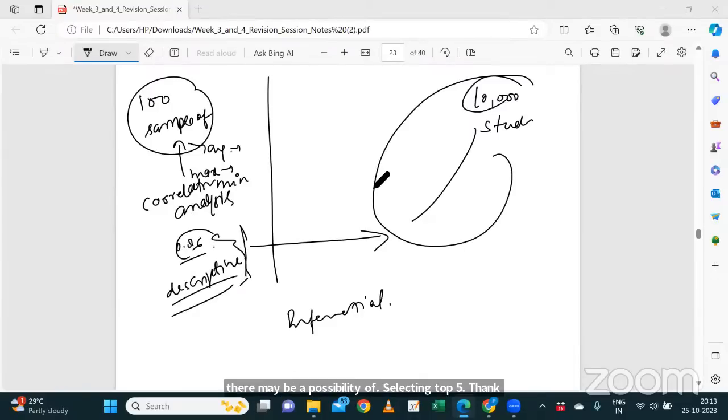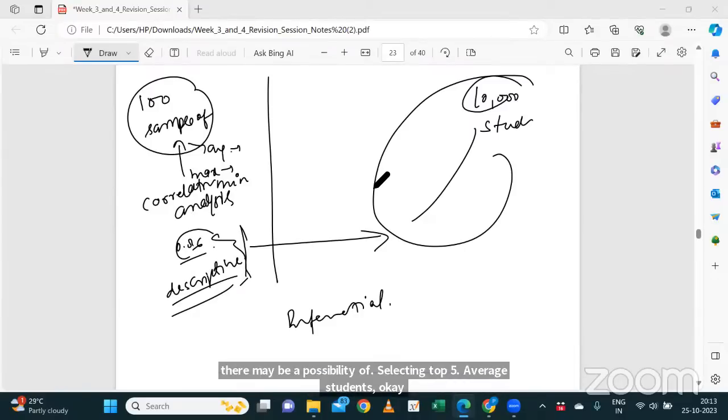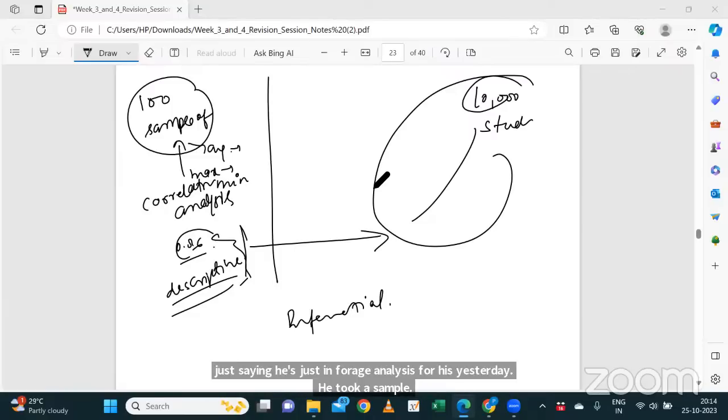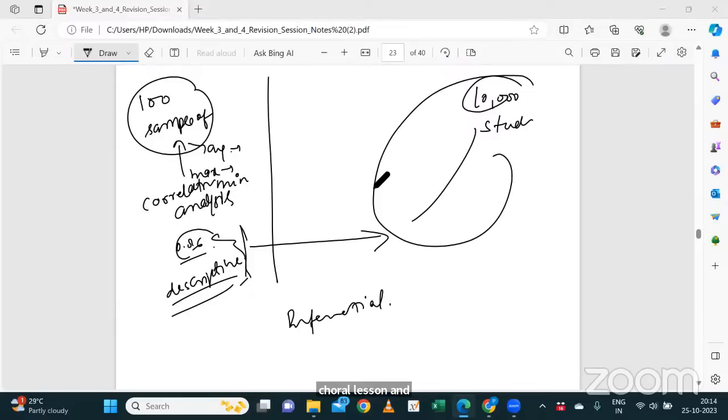No, inferential means once you make the inference, you are making the conclusion. Here he is just giving an expectation. For his study, he took a sample and did the correlation analysis on his sample. That's all. Since it's not explicitly given in the question, we can conclude it's descriptive.